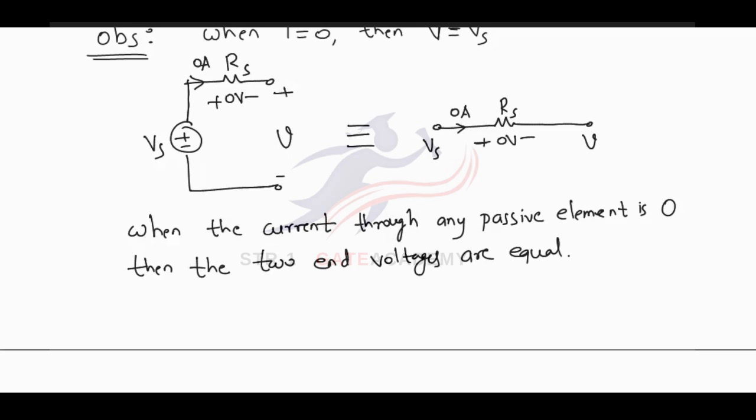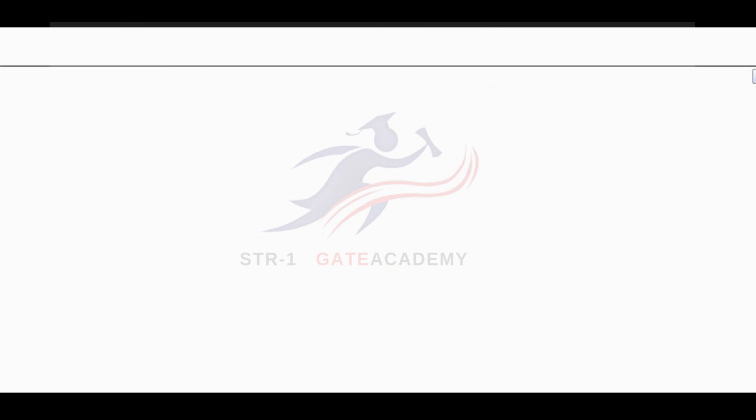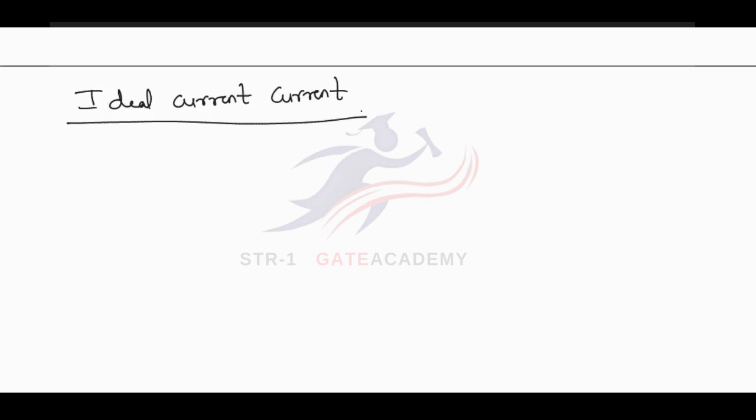So we have covered ideal voltage source and practical voltage source. Next we will go for ideal current source. Now diagrammatically it is shown like this.